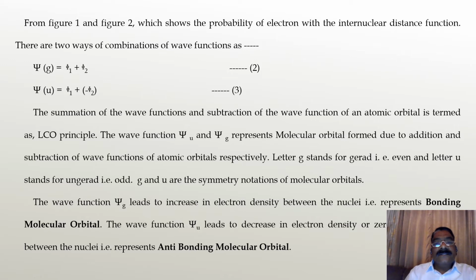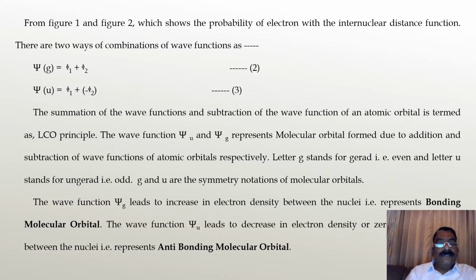The wave functions psi g and psi u represent the molecular orbitals formed due to addition and subtraction of the wave functions of atomic orbitals respectively. Letter G stands for gerade, that is even, and letter U stands for ungerade, that is odd. G and U are the symmetry notations of molecular orbitals.